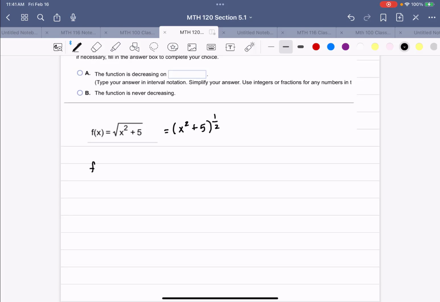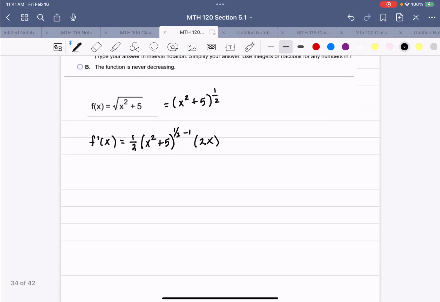So our derivative, f prime of x, is our power times our base to the power minus 1 times the derivative of our base, 2x.